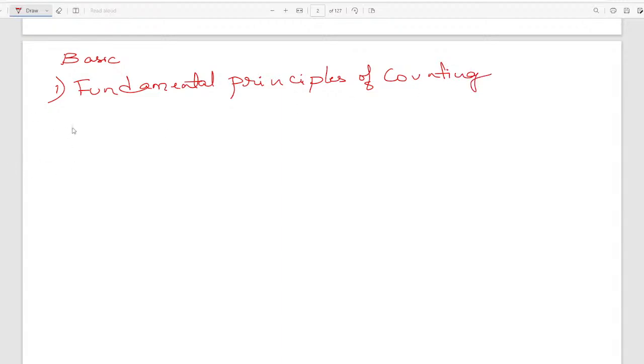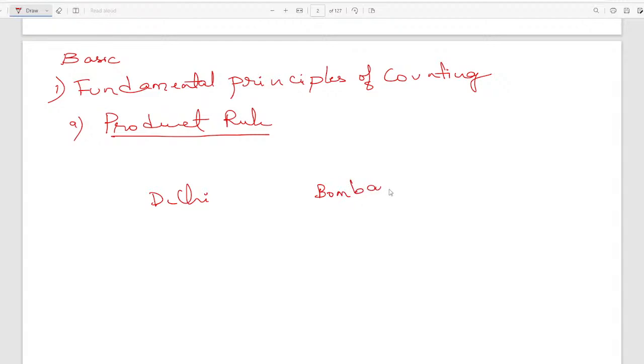Under the fundamental principle of counting, the first is the product rule. Let's take a problem to illustrate the rule. Let this be Delhi, then you have Bombay, and then you have Bangalore.